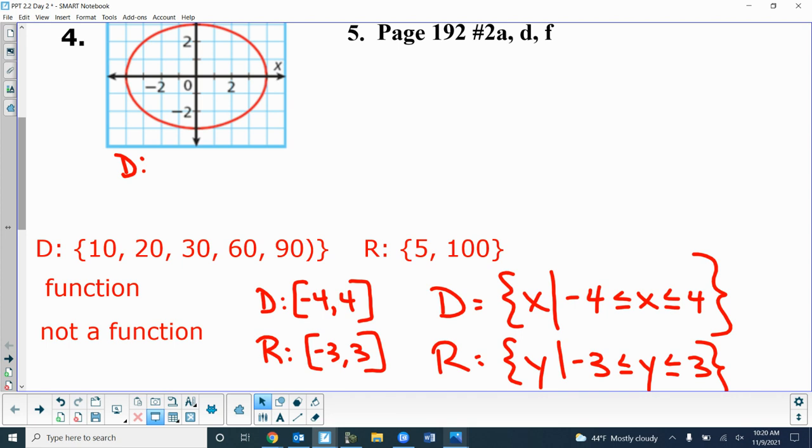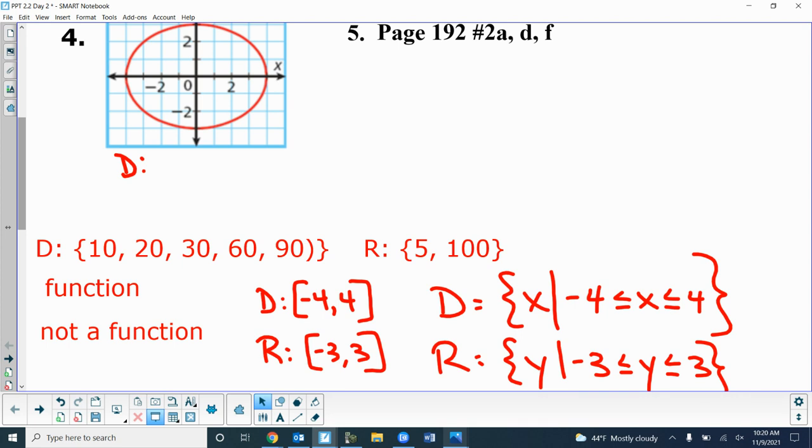The brackets mean we're including that number. If I use parentheses, we mean we're not including the number. We haven't done that for a while. And then the range. Either way is fine. You can write an inequality, or interval notation, which is a little bit more of a shorthand method.